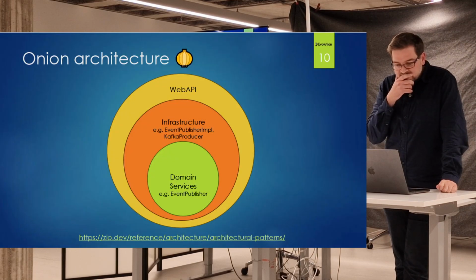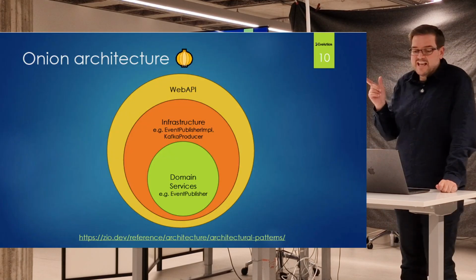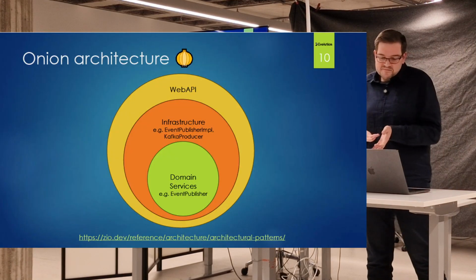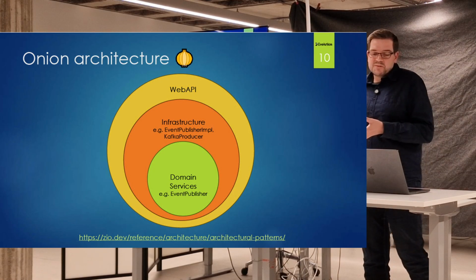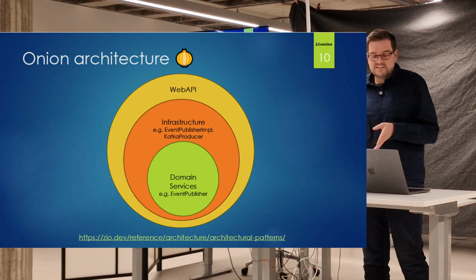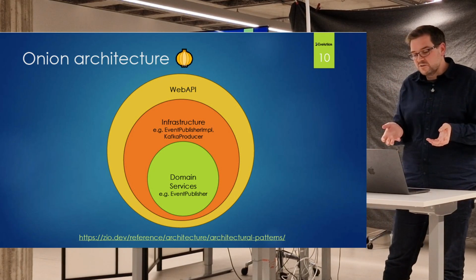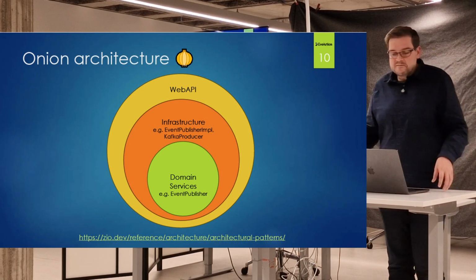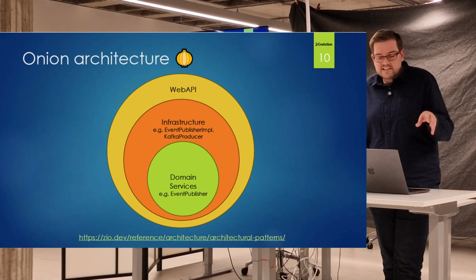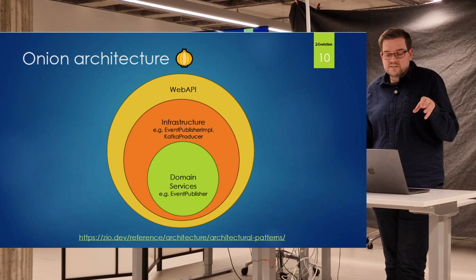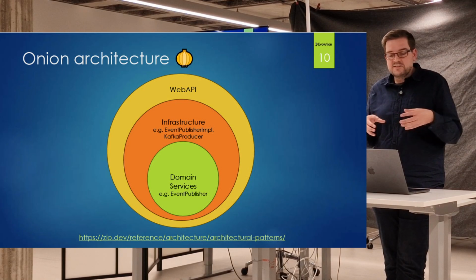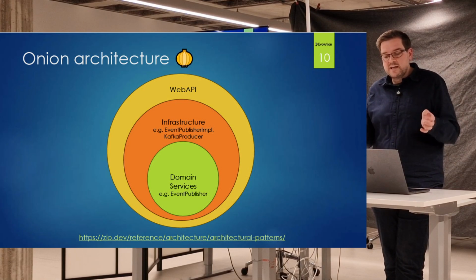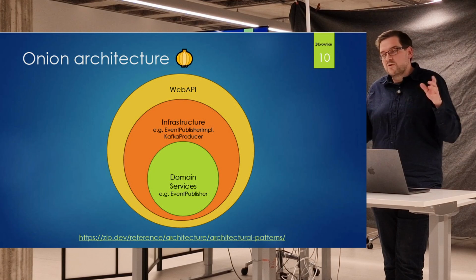And I don't have a good transition for this slide, but ZIO recommends you to use, is it called clean architecture? Oh no, the one called Bob Martin on domain-driven. It's an onion architecture, known also as ports and adapters, known also as hexagonal architecture. The idea is you have these circles, in the core you have the domain services, and then you have infrastructure around the core, and then you have more circles.